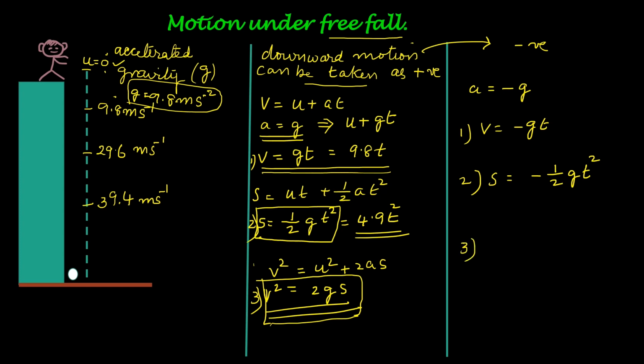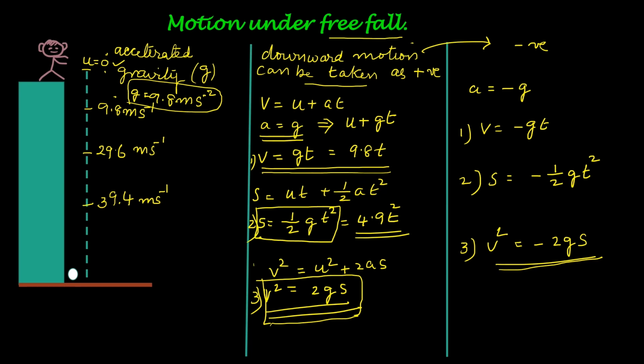The third equation will be v square is equal to u square minus 2gs, which becomes v square is equal to negative 2gs.